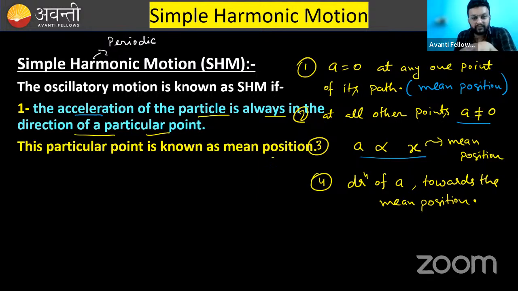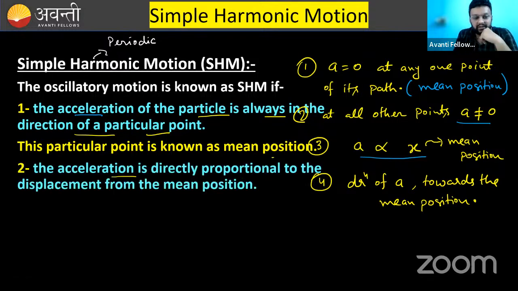I think I have explained all these things to you. Again, the acceleration is directly proportional to the displacement from the mean position. Can you identify which point out of these 4 points is the first point mentioned here?